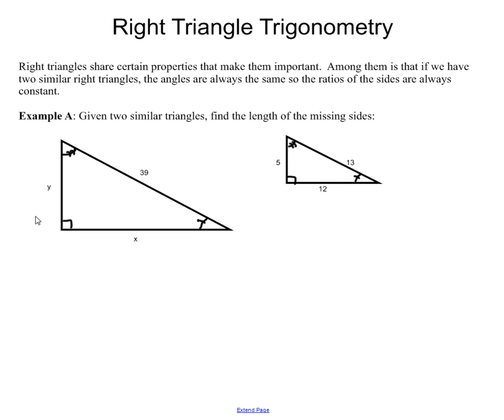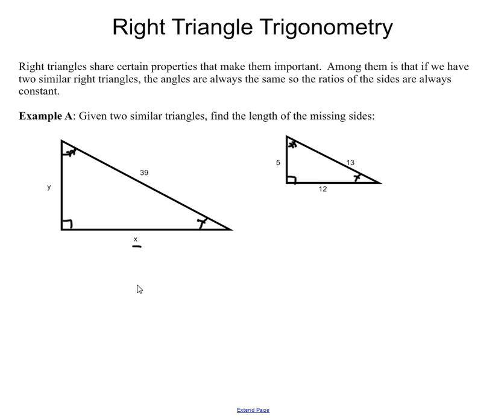And so in this case, we should say that the ratios of the sides are always equal. We don't even need any fancy trigonometry to tell us how to deal with this, because we know that if the two figures are similar to each other, the ratios of their sides will be equivalent as well. So for example, let's say we're interested in finding the length of side x right here in this triangle, given that this first triangle, the large one, is similar to the small triangle right here.